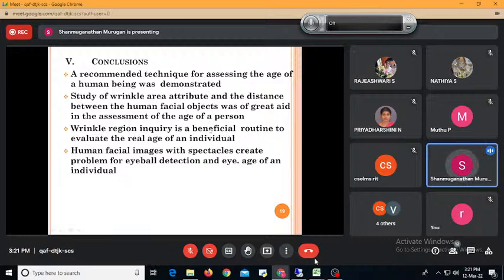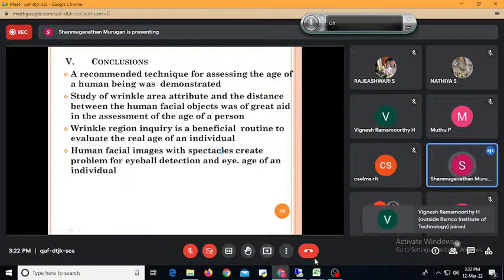In this manuscript we are not getting a 100% accurate result, but 98%, which is good. Human facial images with spectacles create problems for eyeball detection and age estimation, because spectacles cause occlusion, so the result may vary slightly.